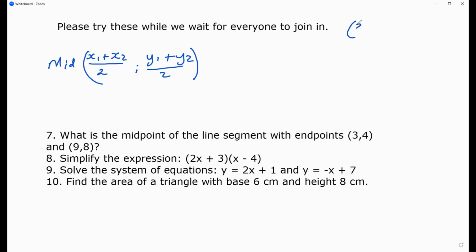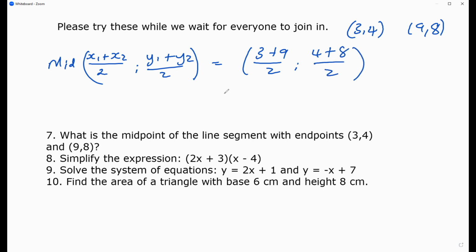And so if I've got (2, 3), (4, 9), (8), this will become 3 plus 9 divided by 2, 4 plus 8 divided by 2. 3 plus 9 is going to get me 12 divided by 2, which is 6. 4 plus 8 is 12 divided by 2, which is 6. So 6 and 6 would be the midpoint of the line.